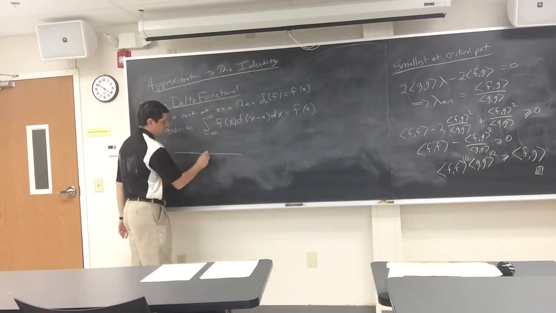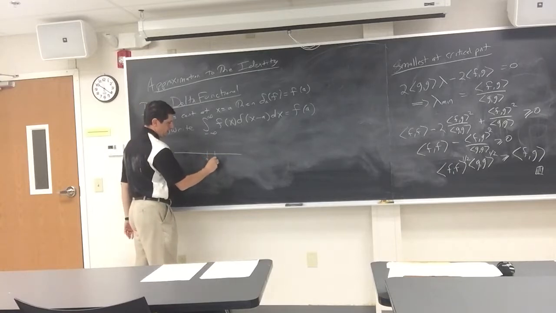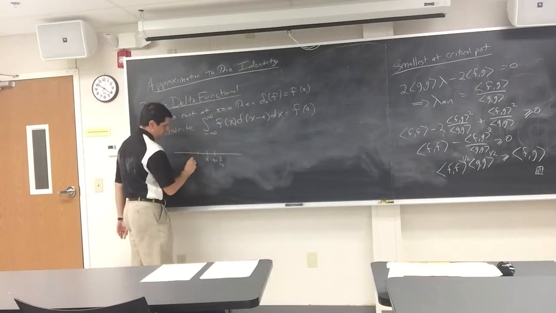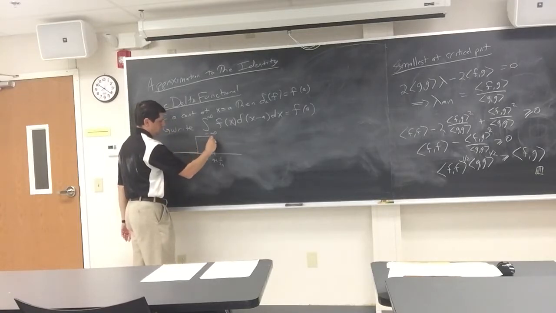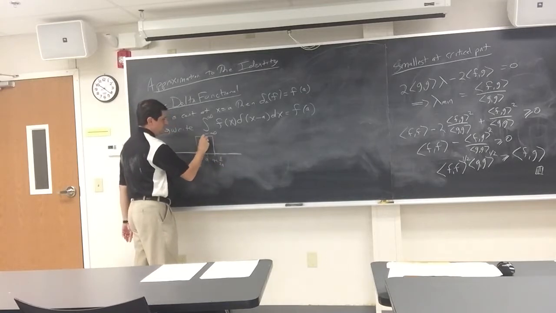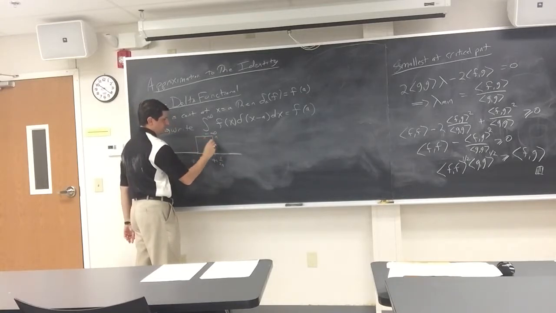And so here's the point a. Here's a plus 1 over 2n. Here's a minus 1 over 2n. And let's say this is of size n over here.